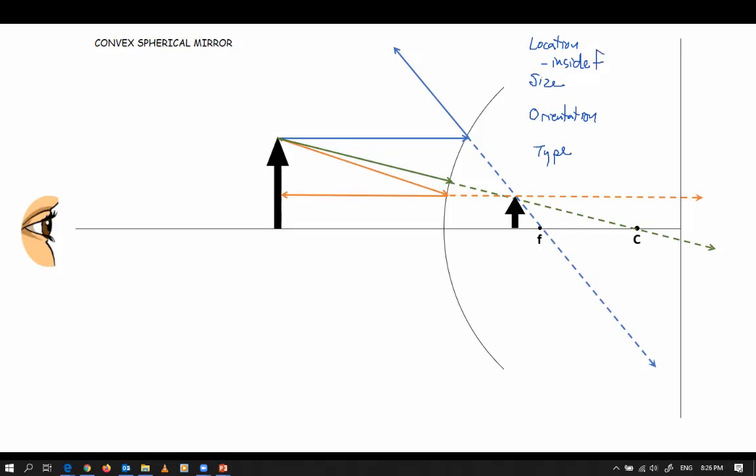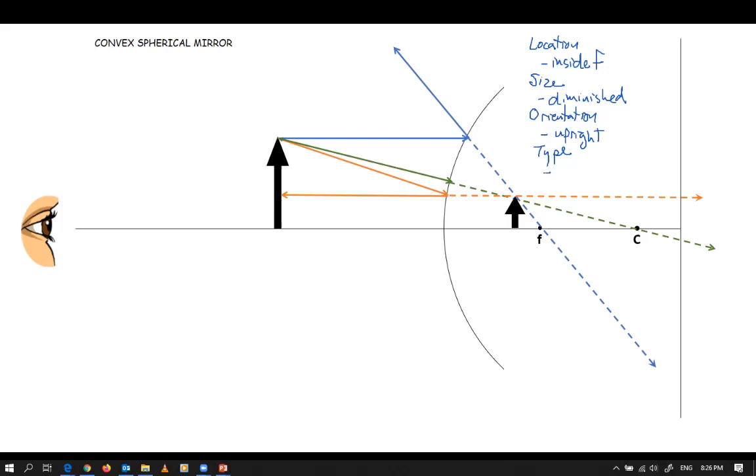Our size is diminished. It is smaller than the original object. Orientation, unlike the last one we did, this one's actually upright. Remember, for the other one, we were dealing with inverted images.